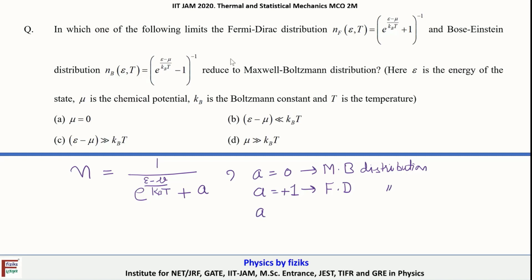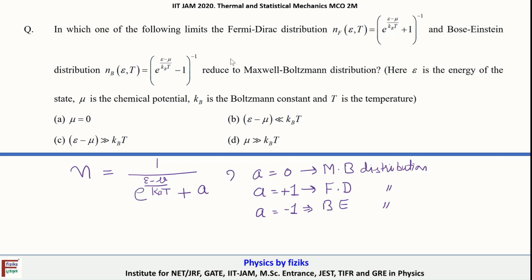And when a is equal to minus 1, this corresponds to the Bose-Einstein distribution.